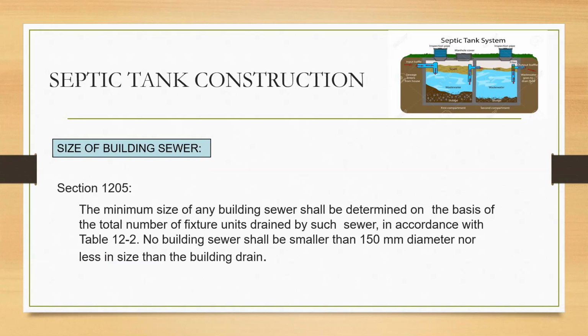So, meron din po yan doon sa Chapter 7. No, meron din pong table doon. Okay. No building sewer shall be smaller than 150 mm nor less in size than the building drain. Okay. Hindi po liliit sa 150 mm. So, alam niyo na po ngayon kung ano po ang minimum size ng pipe.